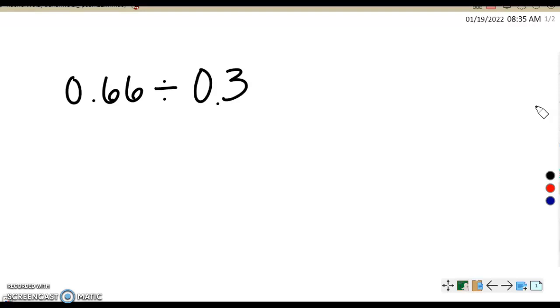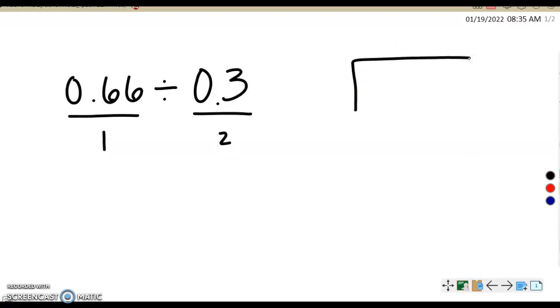So we have a problem here. It's 0.66, or 66 hundredths, divided by 0.3, or 3/10. The hardest part about figuring out how to put the numbers today is that it's not really put the biggest number on the inside and the smallest number on the outside. You just have to look and see what number is first and what number is second.